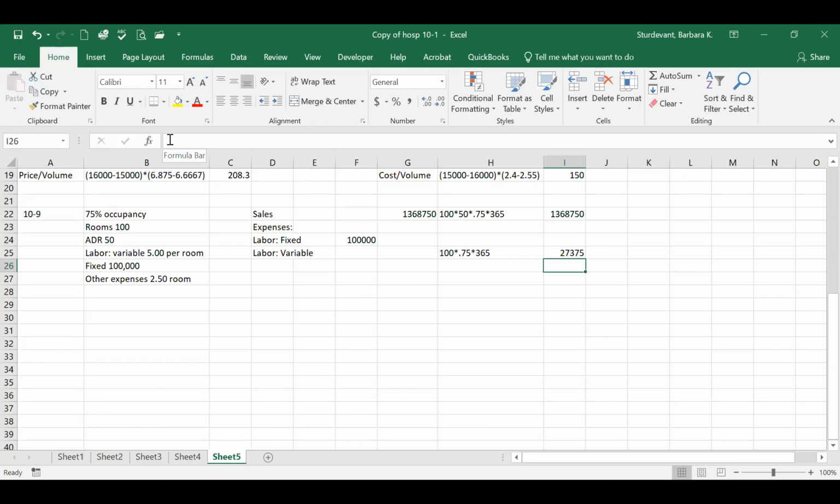And then the variable costs for labor would be the rooms times the cost per room for labor, which was $5.